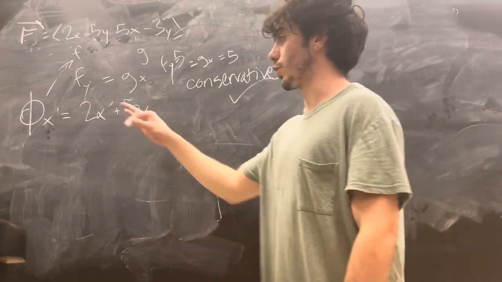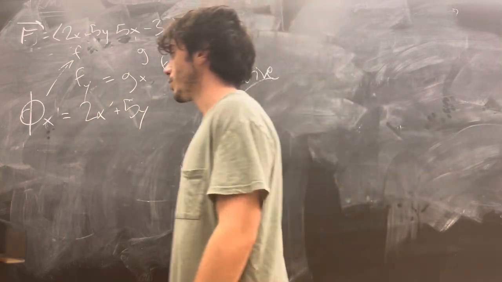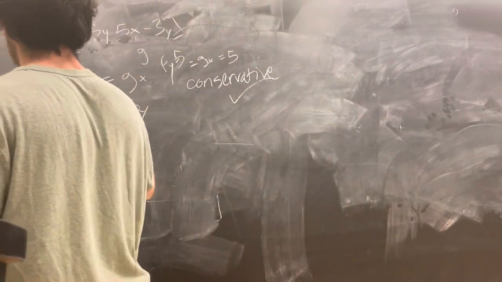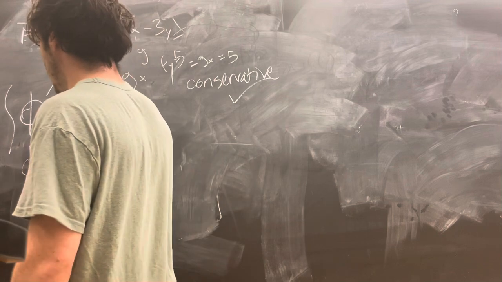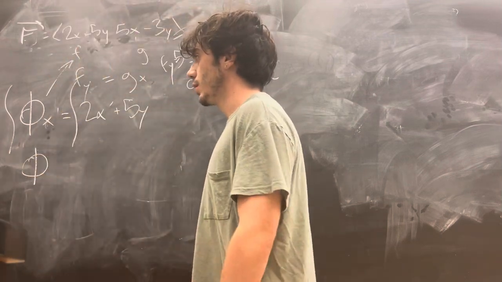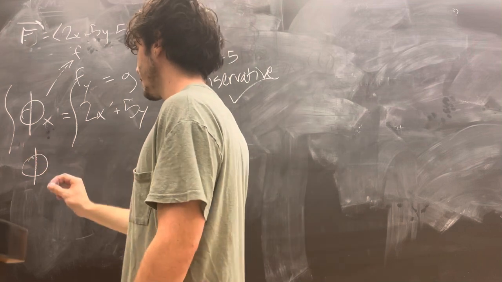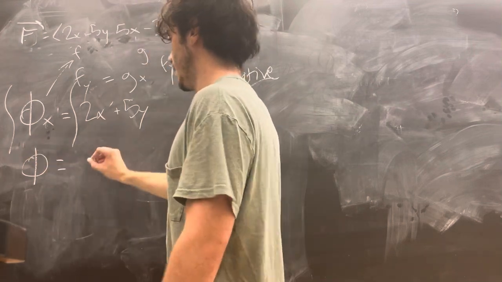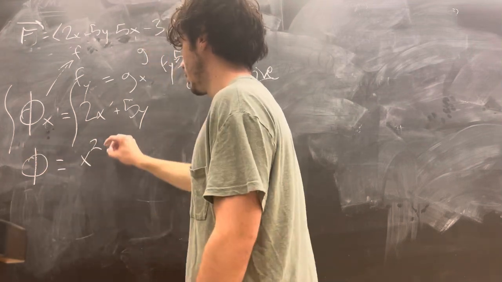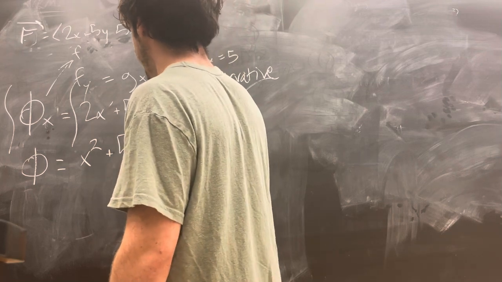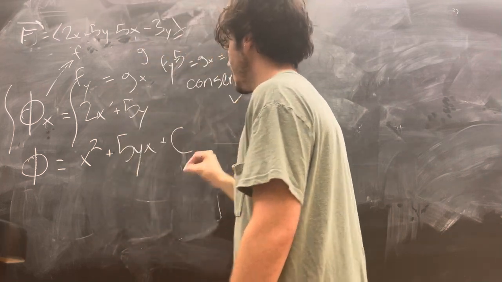And we can integrate both sides of this equation with respect to x, then we just get the phi back, because it's a partial derivative with respect to x. Integrated with respect to x, we just get phi back. And then we have here x squared plus 5yx plus some constant c.